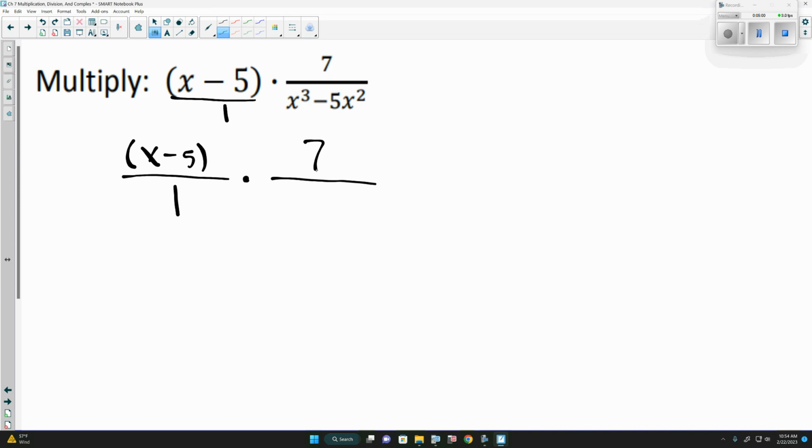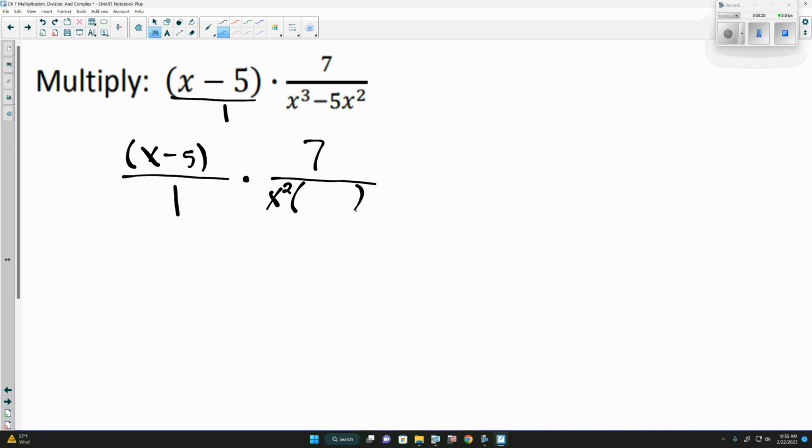But if we look at x cubed minus 5x squared, is there a greatest common factor? X squared, that we can factor out of both terms. And whenever we do multiplication and division, we want to factor top and bottom first.